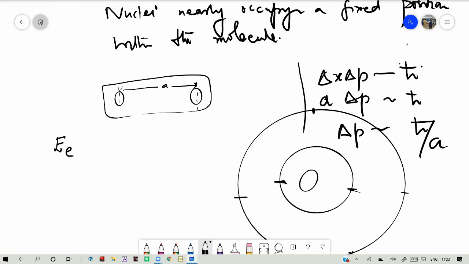Since these are the inner electrons, they are bound. These are outer electrons, valence electrons. Valence electrons are almost free. We treat them as free electrons, and they can have higher kinetic energy as compared to the inner electrons, because those are bound.